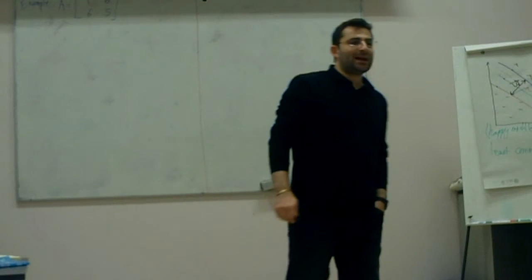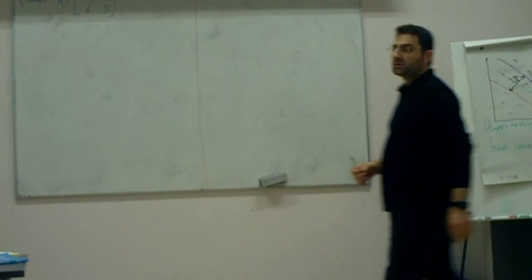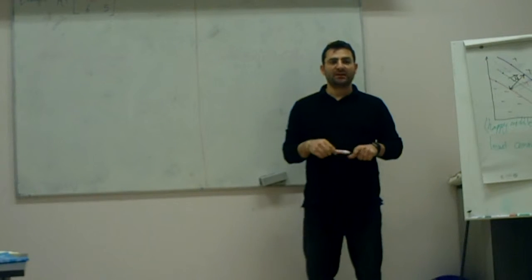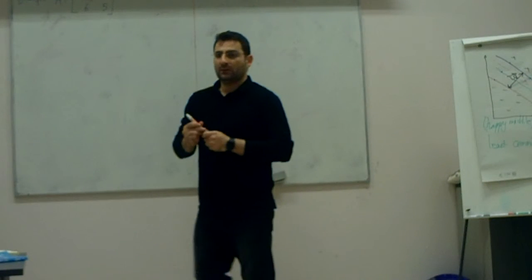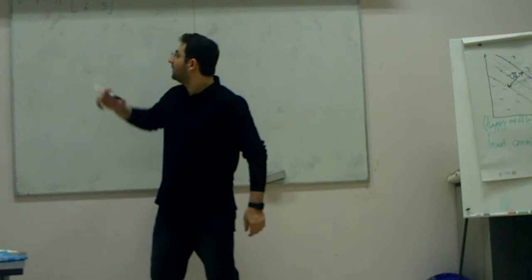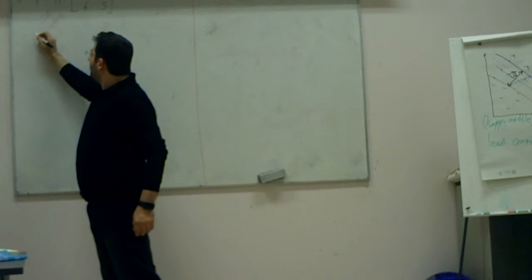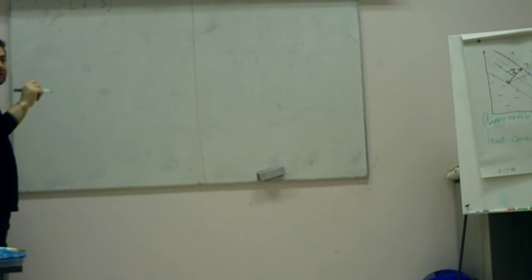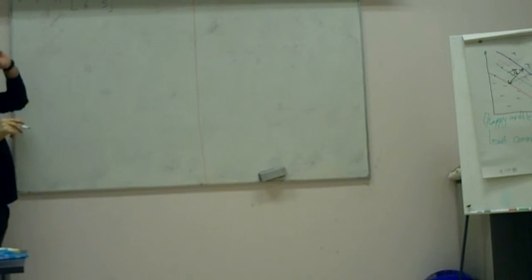How could I understand if this one is positive definite or positive semi-definite or not? What was the definition? You remember, Nastia? No. A should be symmetric, which means that A is equal to A transpose, which in this case it is.